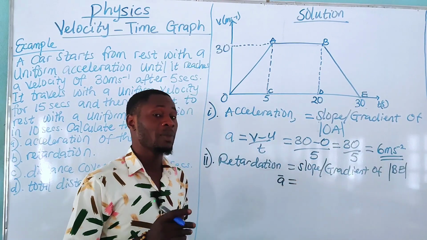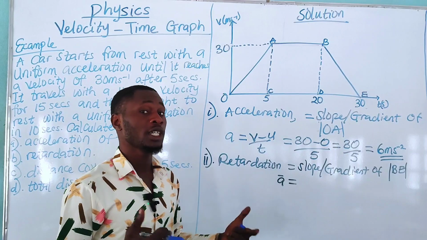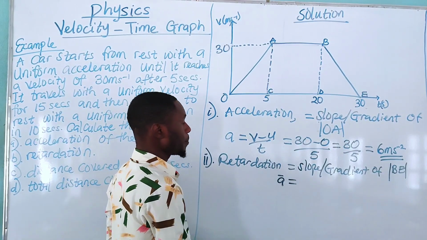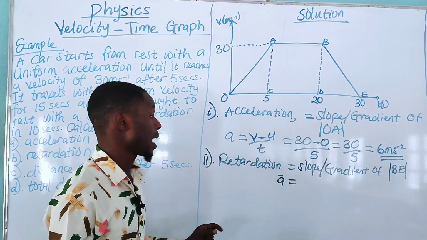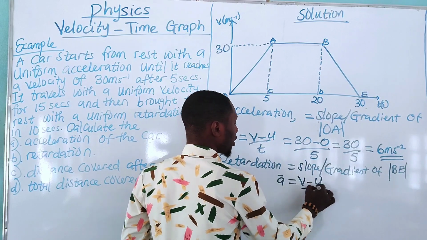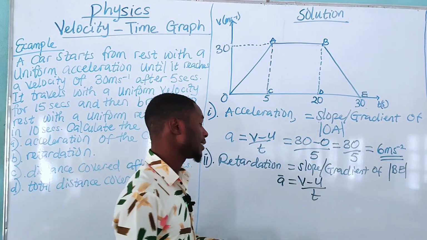Now, what you also need to know is that retardation is also called the negative acceleration, because it is always what? Negative. So, we denote it by a bar to differentiate it from that of the normal acceleration. So, that is still going to give us v minus u over t, because it is also an acceleration, but negative.